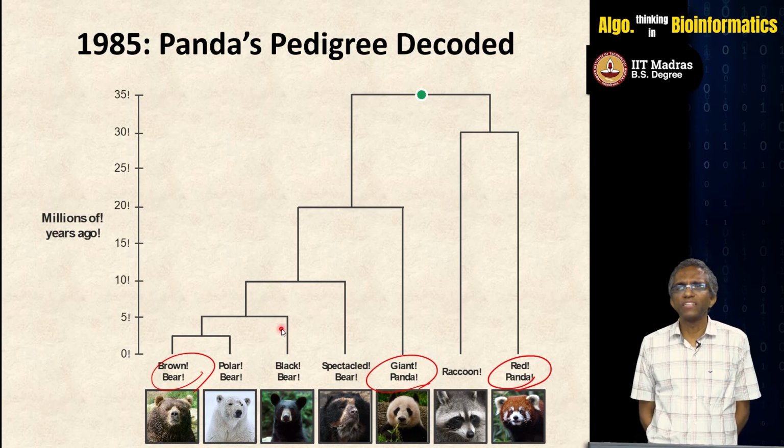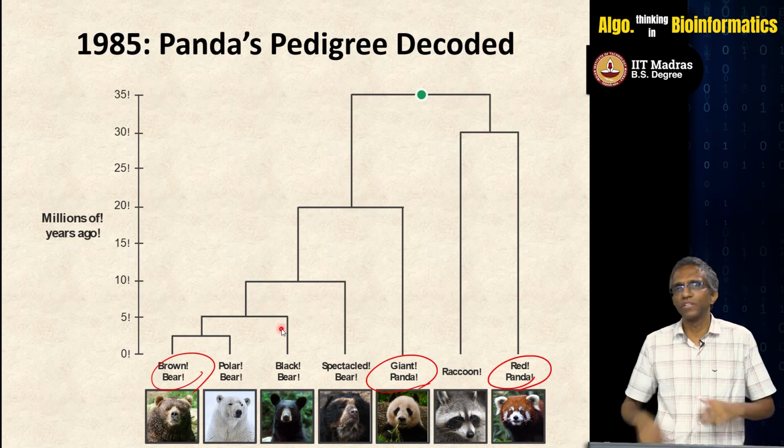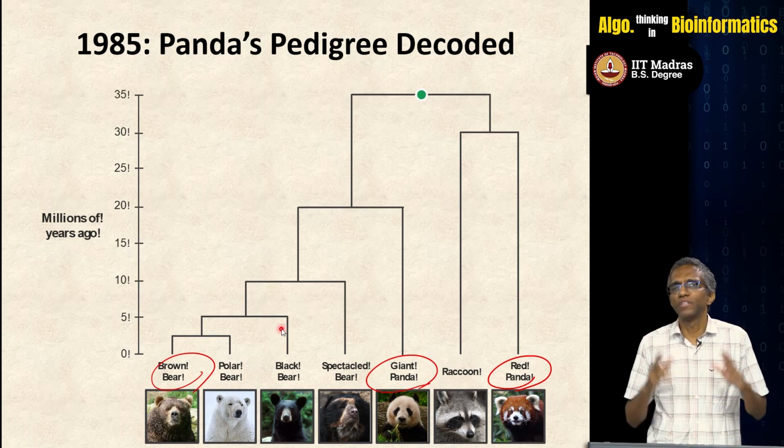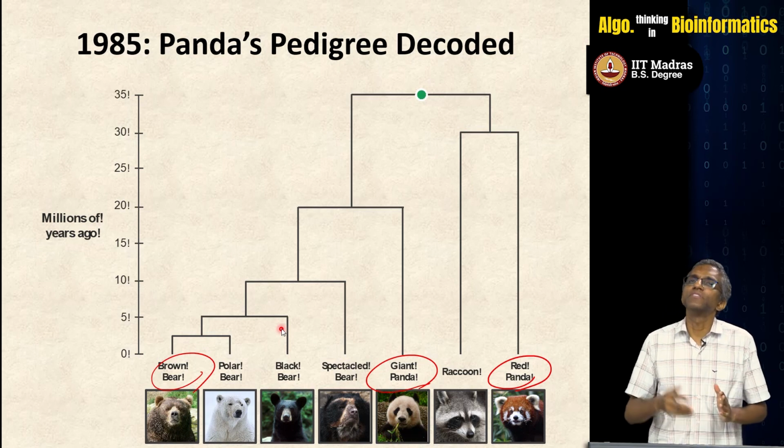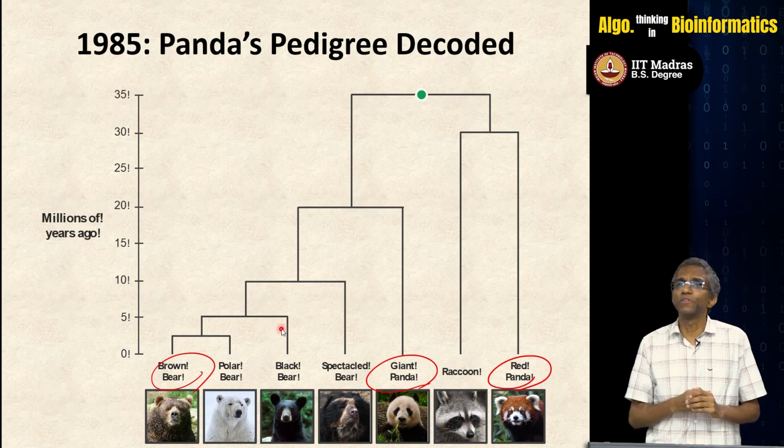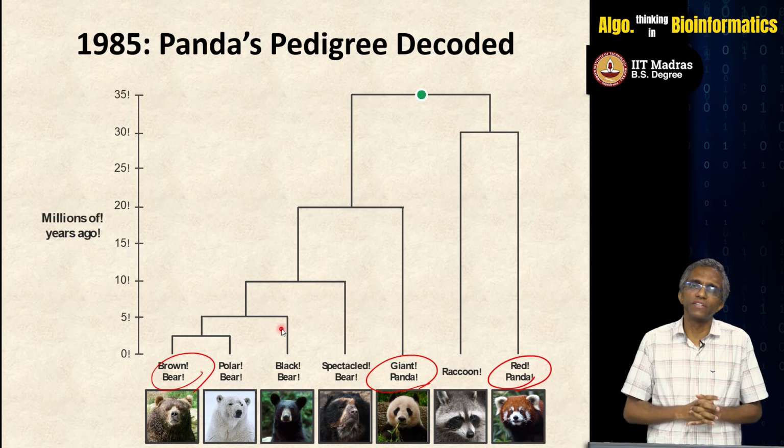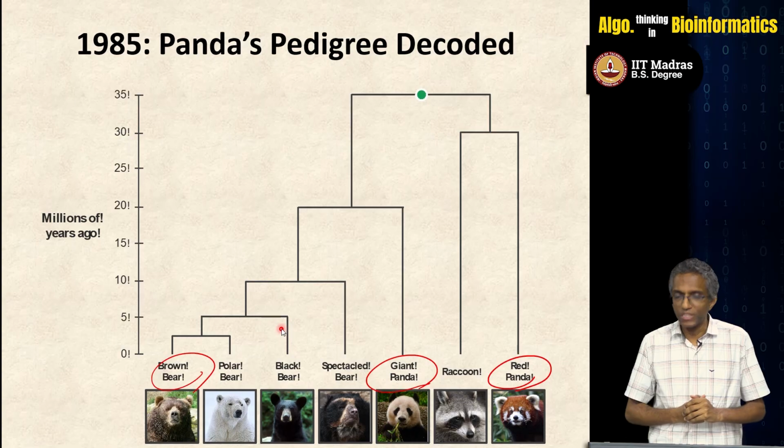Some of these applications we did not look at in detail. Because of this diversity, it is important that you have multiple phylogeny algorithms and multiple assumptions that these algorithms satisfy, and we need to verify these assumptions in real-world data before we can make a robust conclusion. I hope you enjoyed this session.